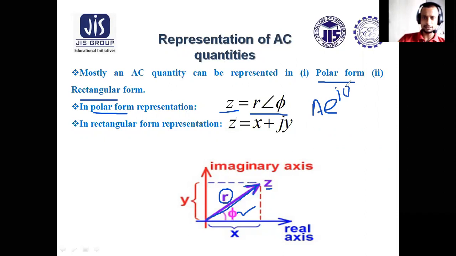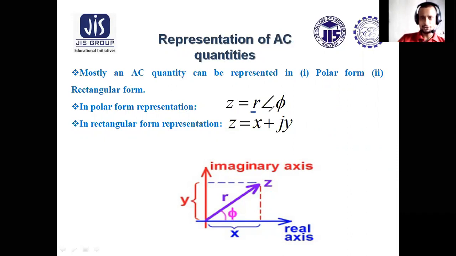Now, magnitude along with angle is known as polar form of representation. And if an AC quantity is represented by x plus jy, then it is known as rectangular form of representation. For example, suppose this is your AC quantity.